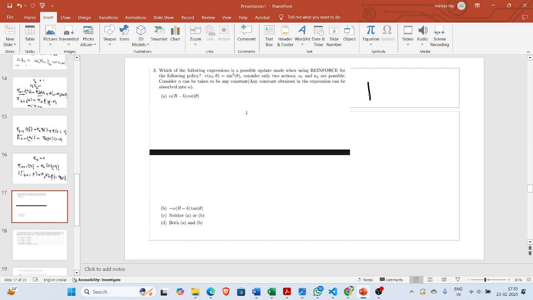This is a policy pi of a1 given theta, and this equals sine squared theta.